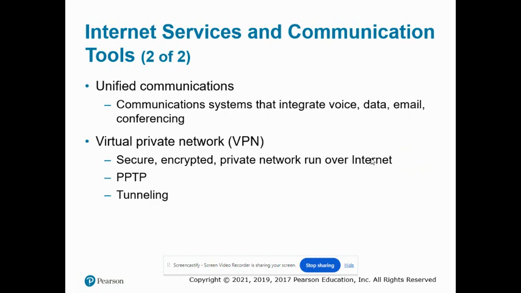Anyone who has cable internet telephones is using what's called voice over IP, or VoIP. Other popular technologies that use the internet as a platform are VoIP, unified communications, and virtual private networks.